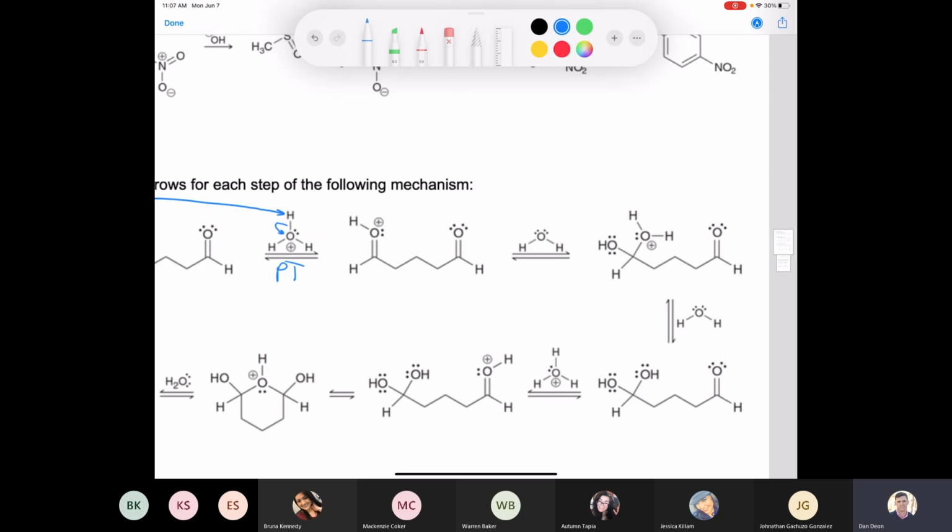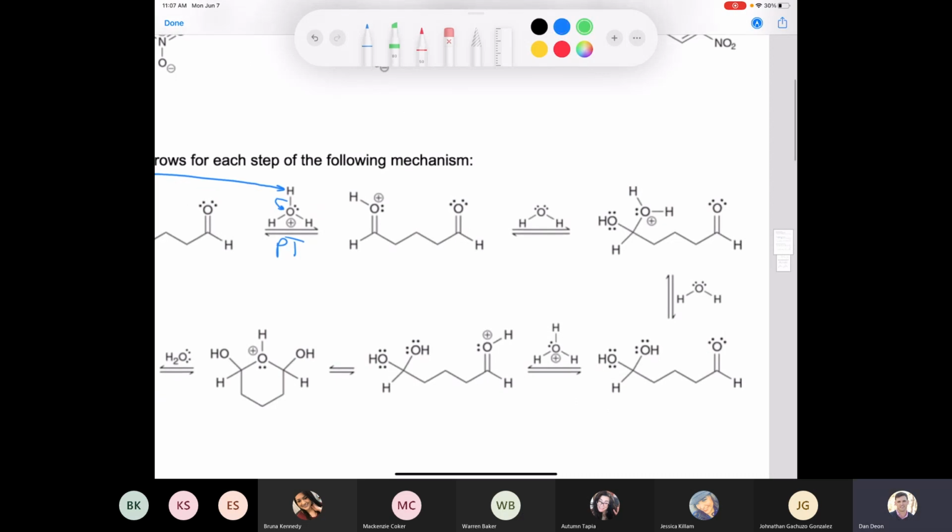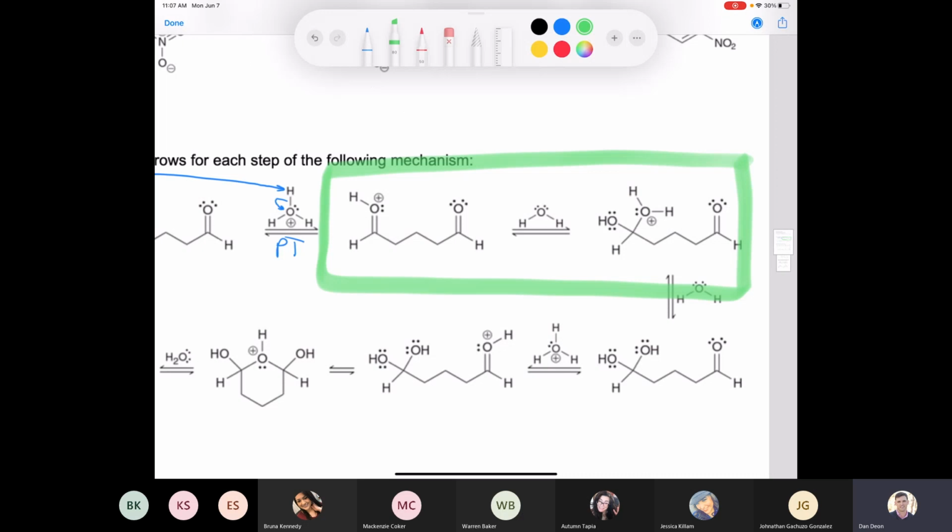Let's move on to the next step. Now I'm just looking at this step right here. Could anybody tell me what's going on in this step? Would this be a proton transfer, a nucleophilic attack, et cetera?